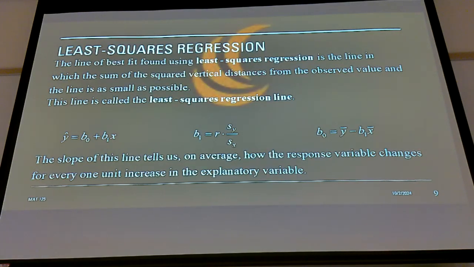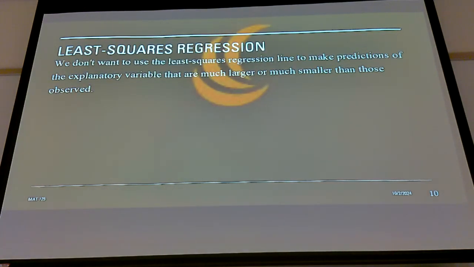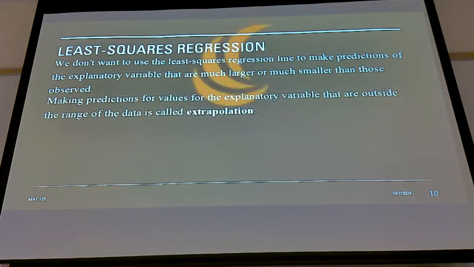Whenever you come up with a model from observed data, you should never use it as a prediction for a data point that is well outside your parameters. That is how people die. So that's what this is saying.